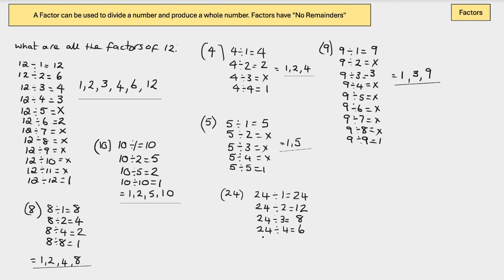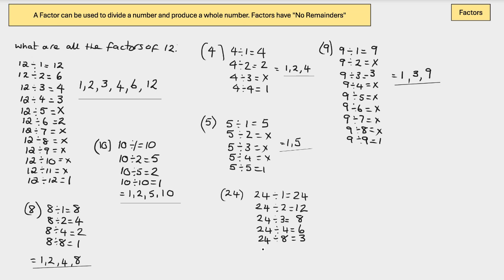Now we know 24 divided by 5 isn't going to work, because it's not an even. 24 divided by 6 should work, because I know 6 times 4 is 24. 24 divided by 7 doesn't. 24 divided by 8, because I know 8 times 3 is 24. So there's another factor.